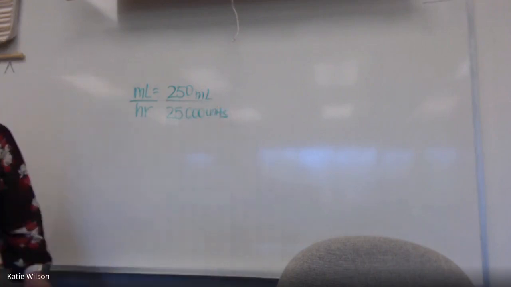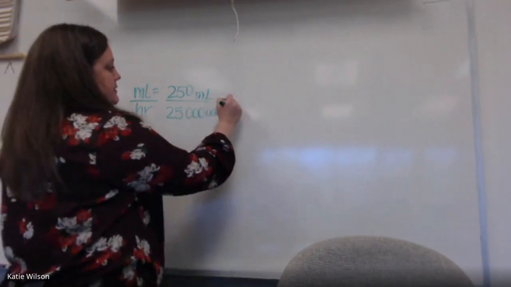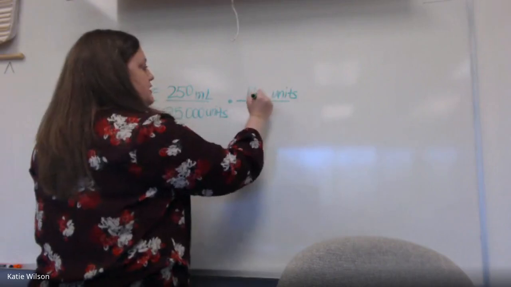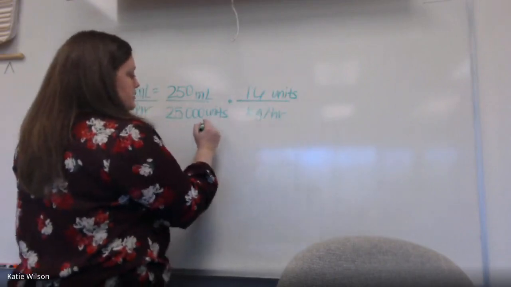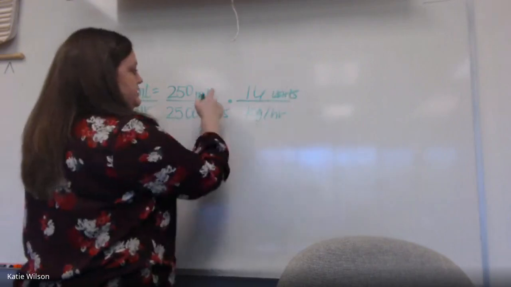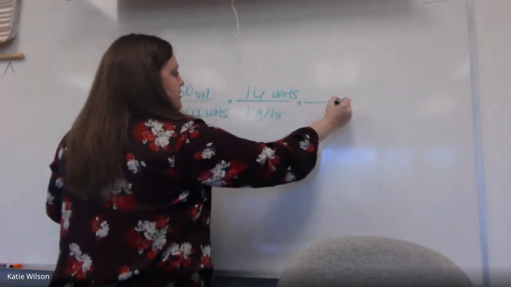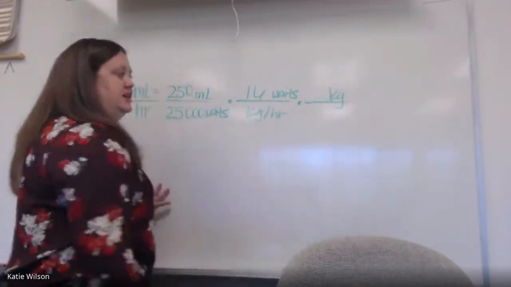Now, what do I have ordered to cancel out my units? 16 units per kilogram per hour. So I've canceled out units, mils on top, kilograms and hours on bottom. I want to get rid of kilograms.